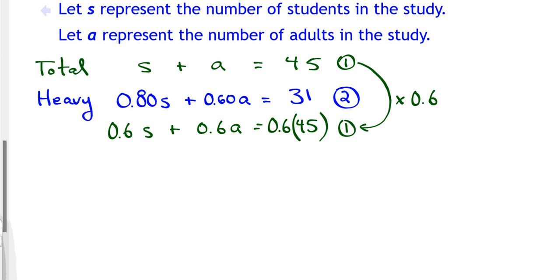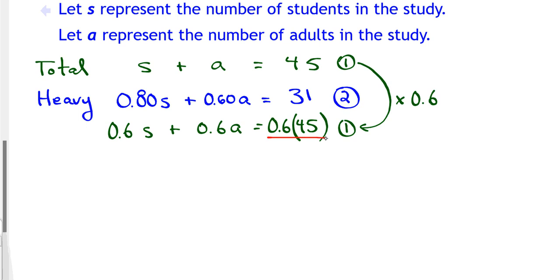So as you can see, I've chosen to multiply equation 1 by 0.6. So this time I didn't multiply the second equation by 10 in order to get rid of the decimals because I thought, oh, the decimals aren't too hard to work with. Remember, easy to make the mistake of forgetting to multiply the 45 by 0.6.